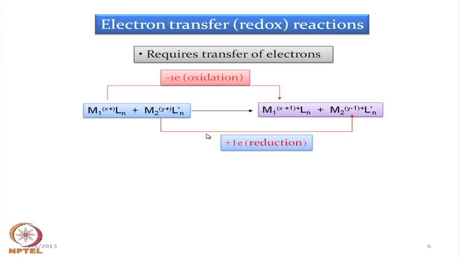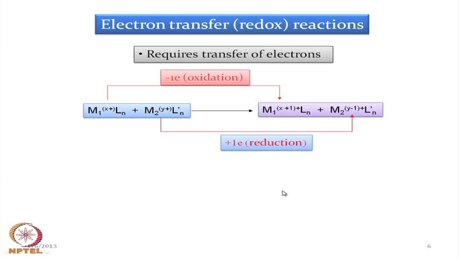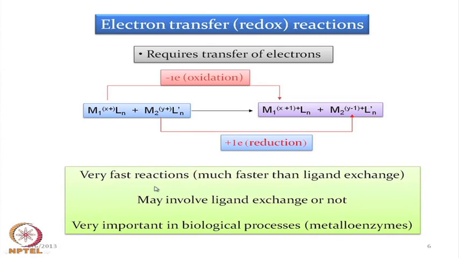What type of oxidation reduction can take place through this electron transfer is very important, not only for these different types of metal complexes, but also for biological systems, because it is a very central process for many systems where metallobiomolecules are responsible for these electron transfer processes. So we see how we get these electron transfer reactions, apart from the transfer we get for the different types of ligand exchange.